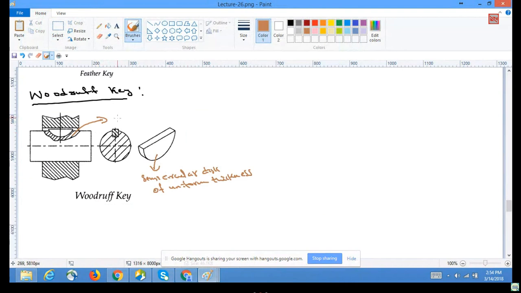The recess or the keyway is also semicircular, matching the key shape.